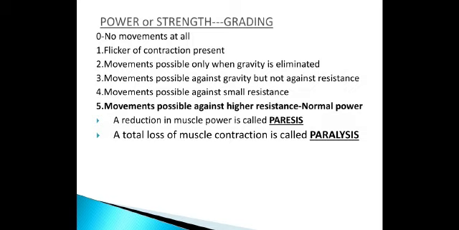Grade 4: movements are possible against small resistance. That is, the muscle is able to make the full range of normal movement but can be overcome by resistance to a variable extent. Finally, grade 5: movements are possible against higher resistance, that is normal power.